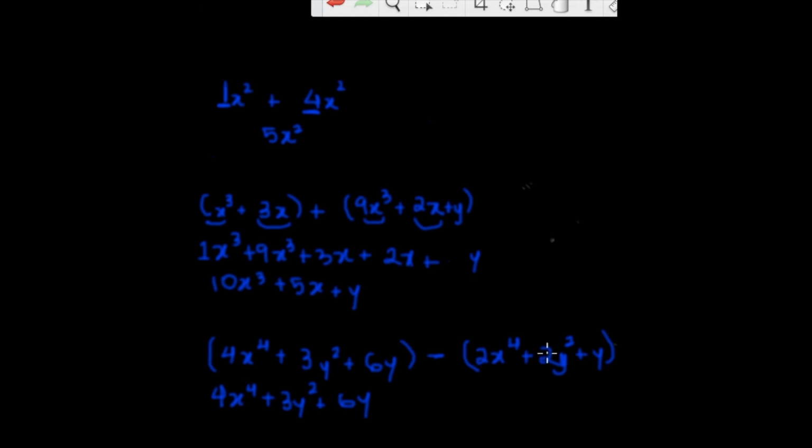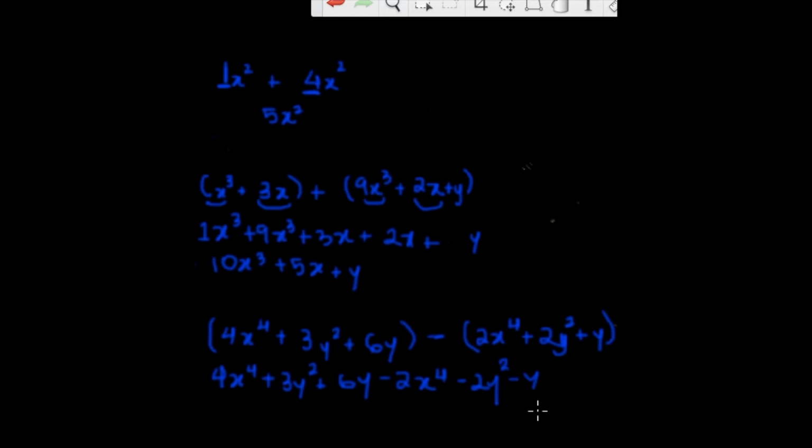Because all the terms within the bracket are positive, once you open the bracket, all terms will be negative. What I mean by that is it will become negative 2x to the power 4, negative 2y squared, and negative y.